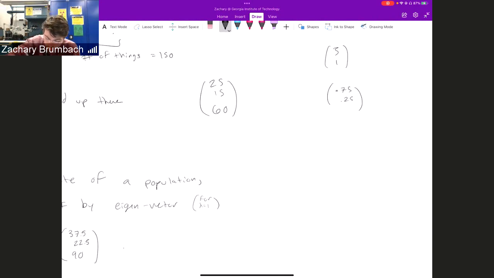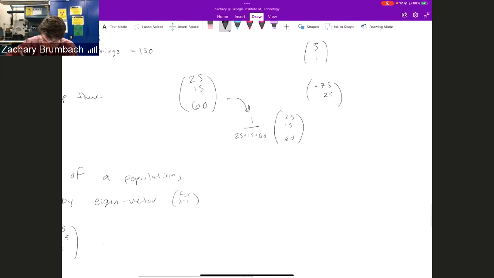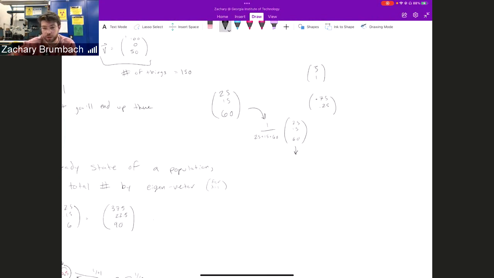So that's why we go from our eigenvector to 1 over 25 plus 15 plus 60 times 25, 15, 60. Okay, this is for our one eigenvector. This is for our steady state stuff, okay? So this then gets us to the vector that we use, okay? Essentially whatever our eigenvector is, we just want to make it stochastic, okay?